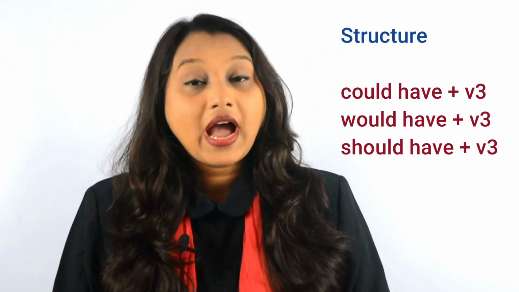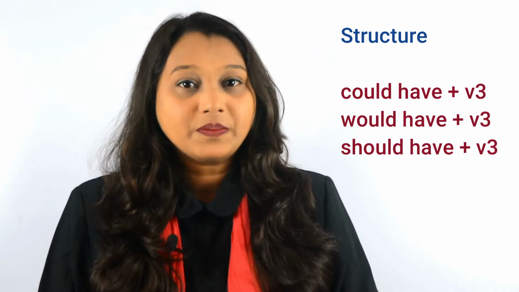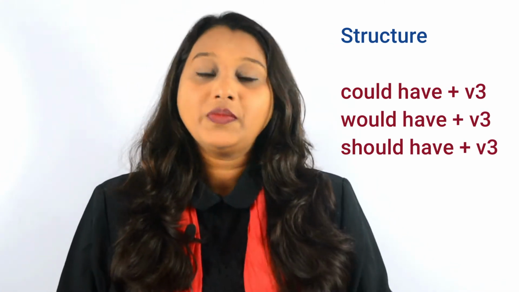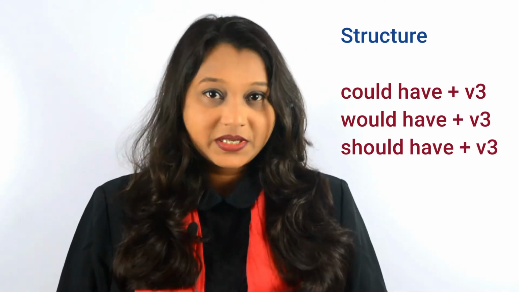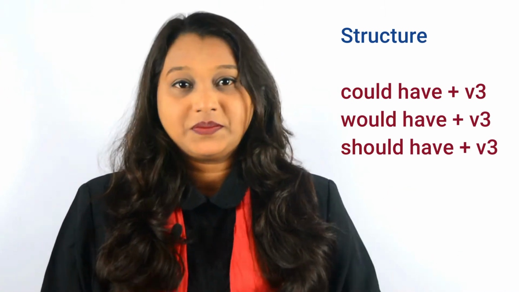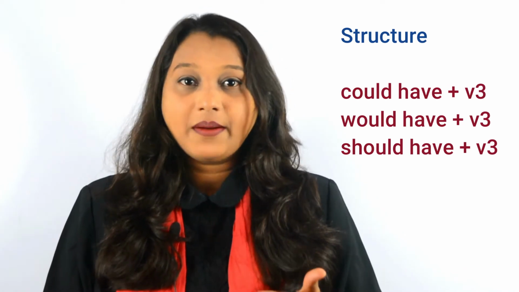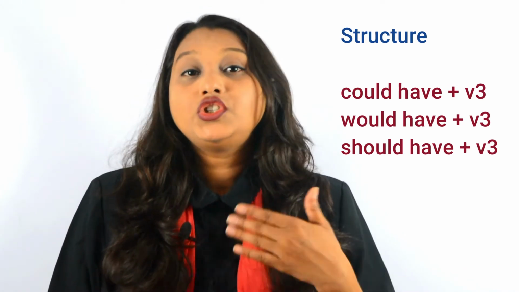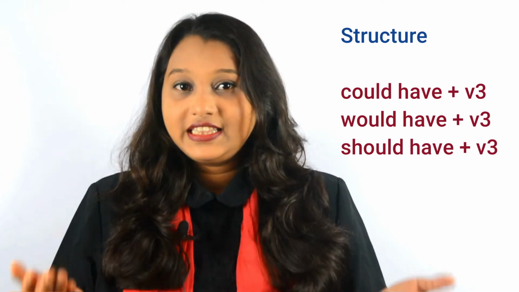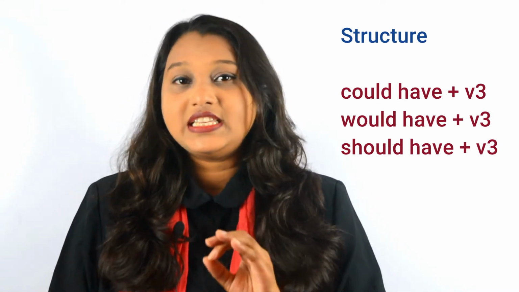After that, you have to use the V3 form, that means the past participle form of the verb. That means could have done, would have written, should have gone. In this way, you can use these three past modals. So remember the basic structure and definitely it will help you to use them in a sentence in the correct way.